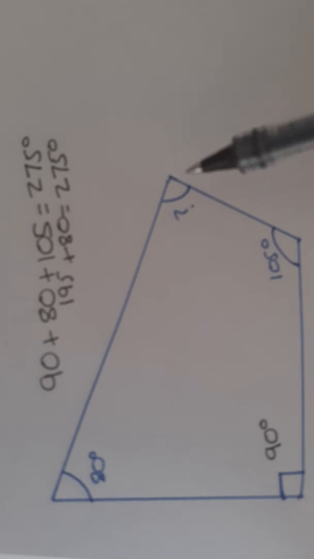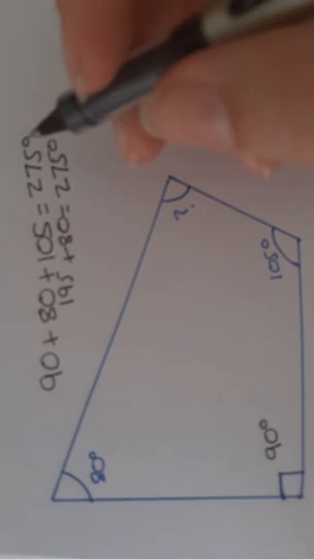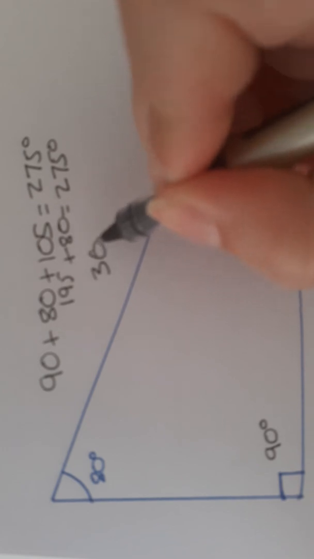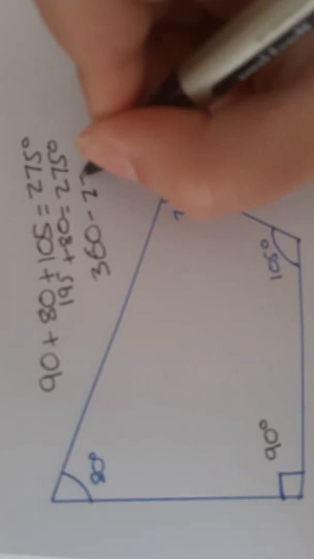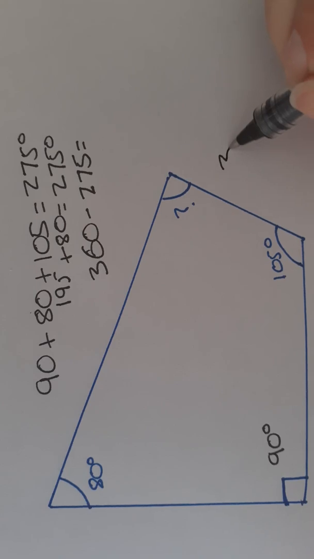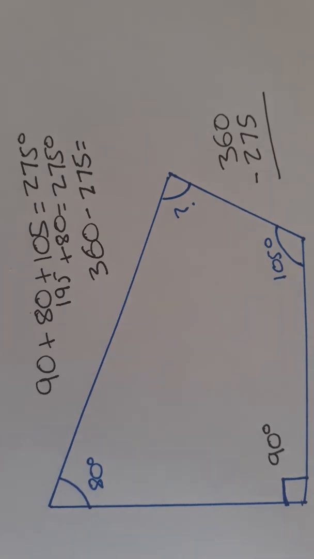What I then need to know though is what this last angle is. So that's when I come back to 360. 360 take away 275 will give me my final angle. Now you could do this using column subtraction if you would find that easier. I can't do 0 take away 5, I can't do 6 take away 7, so I'm going to need to borrow from here.